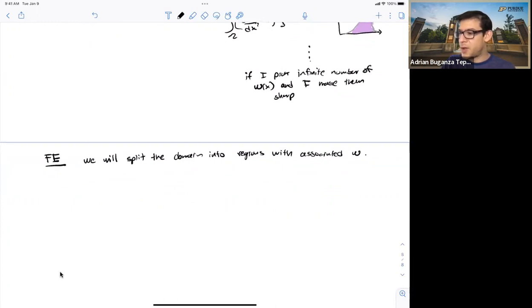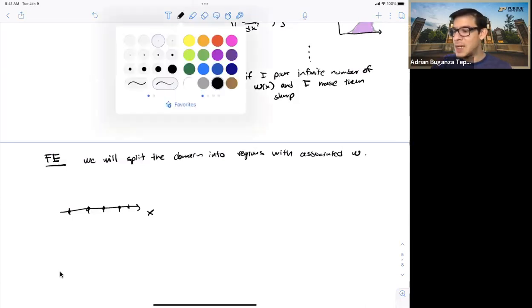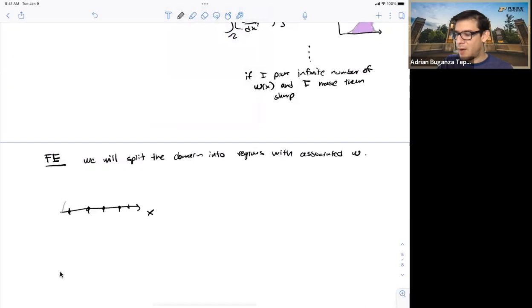Every choice of W will give you, if you think of the X line, and this is what the FE approximation will do, we're going to split and then have multiple W's. Basically, it's actually a W per node, not per element. So to every node, there's going to be an associated W.